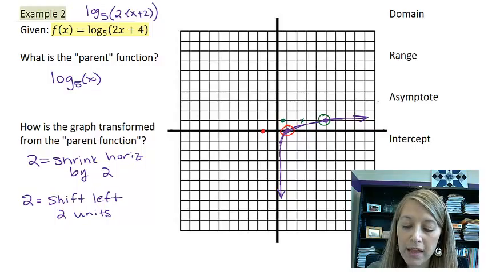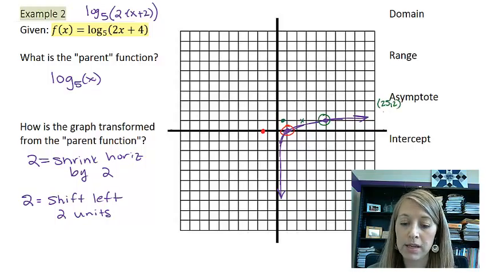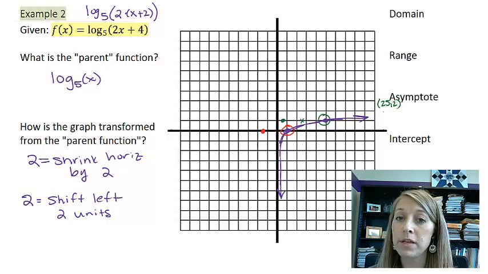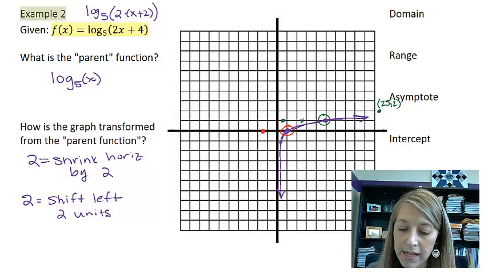If I were to plot the point (25, 2), which I chose not to because it wouldn't have fit on the graph, if I divide it in half, that would give me 12.5. And if I shift it left 2 units, that would give me 10.5. So it's just barely off the chart here. So 10.5 and 2 is another coordinate that I can include.